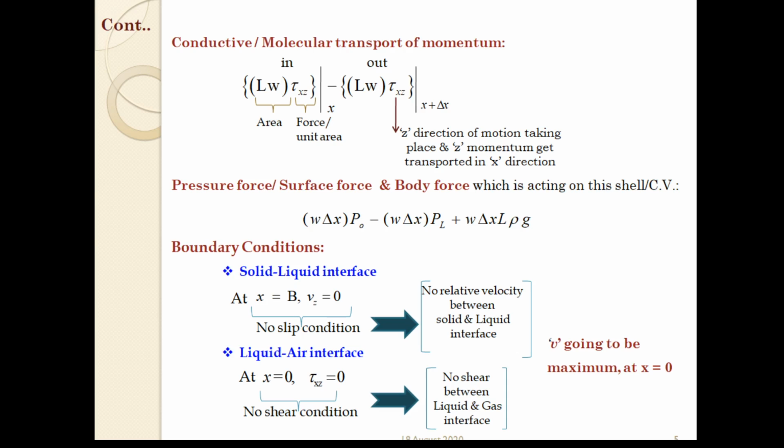Whenever we go away from the narrow slit, the velocity will increase, because both narrow slits are stationary, and the liquid attached with the slit is static. So the velocity at x equals to b is 0, and as we go further away from the narrow slit, the velocity goes to a maximum. So at x equals to 0 the shear stress will be 0.